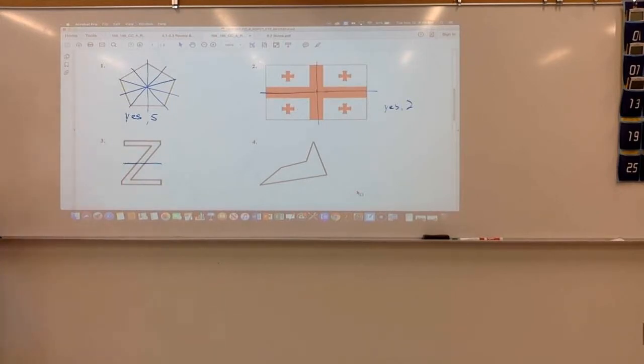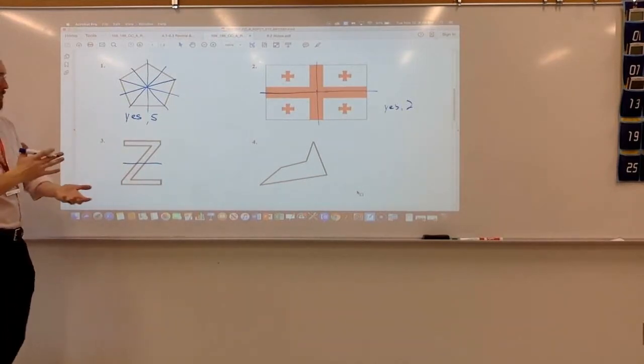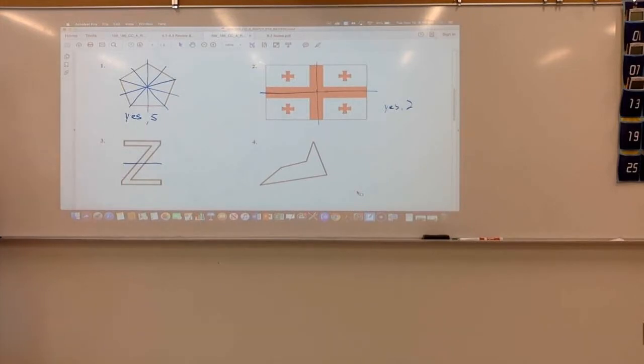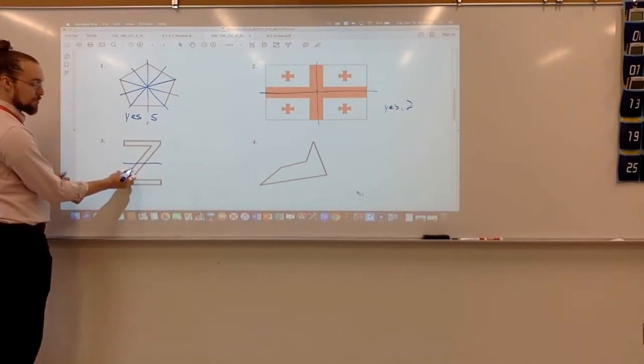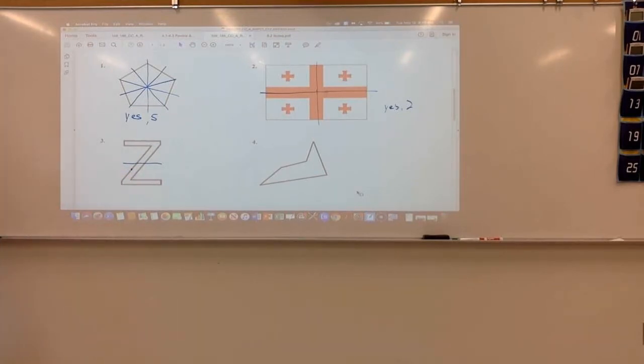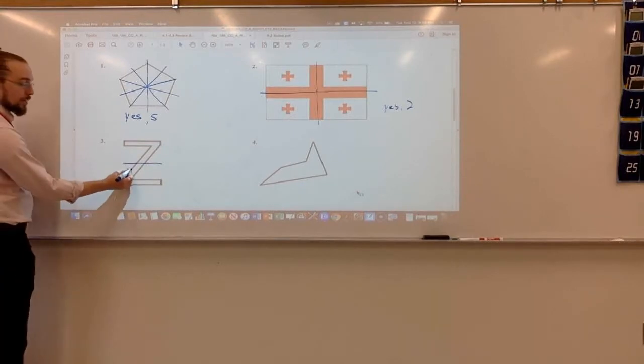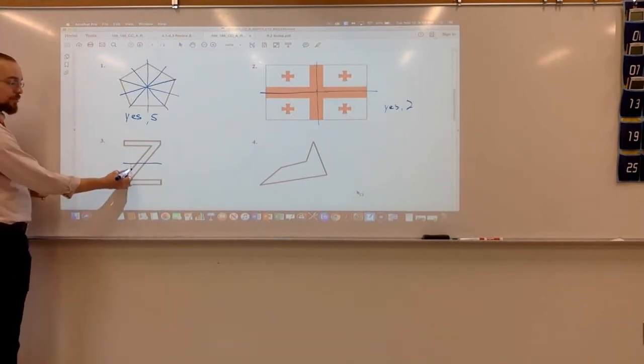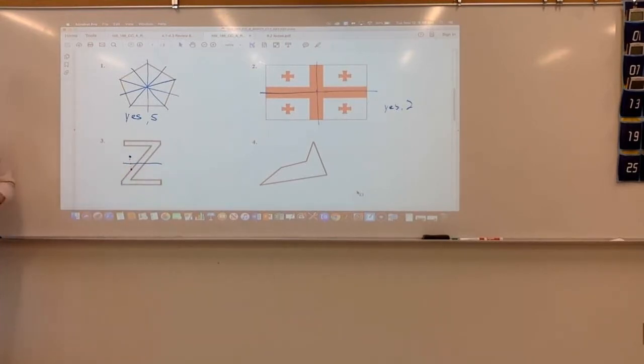It kind of looks like, if I fold that over, it might match up. But it doesn't. Maybe a good way of determining is if we think about our rule for a reflection. Our rule for a reflection was, if I take a point, find the distance to the line of reflection, and then go that same distance on the other side, there should be a point there.